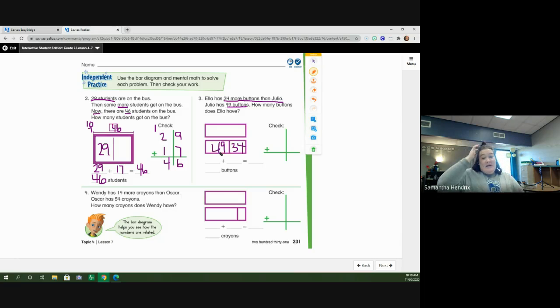So 49 plus 34. Let's do mental math. 49, we're going to count by tens 3 times. We're going to add 30. 49, 59, 69, 79. Then we're going to add 4. So we have 79, 80, 81, 82, 83. So we're going to write down 83.